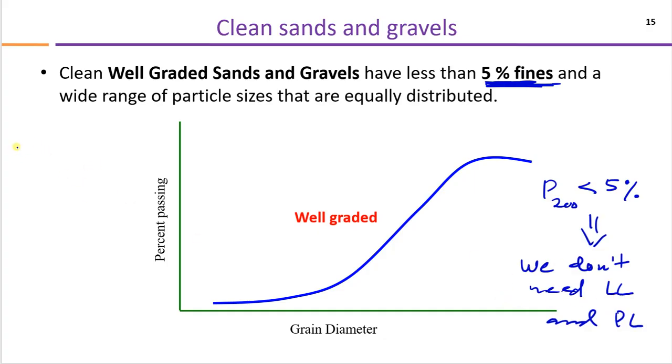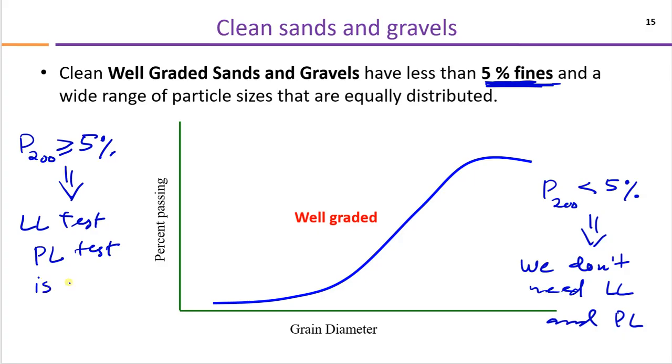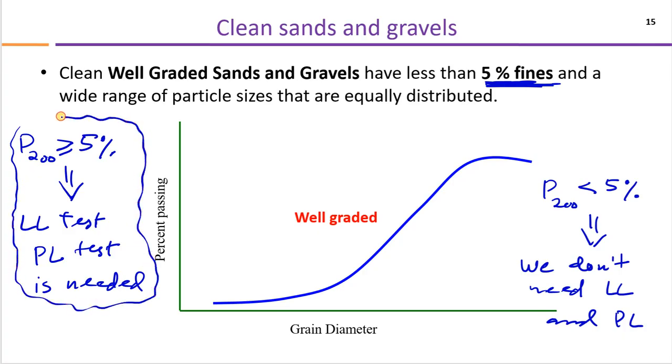So please always keep in mind that when passing number 200 is more than or equal to 5%, in that case the liquid limit test and plastic limit test are needed. We need these values, otherwise we cannot do the classification.